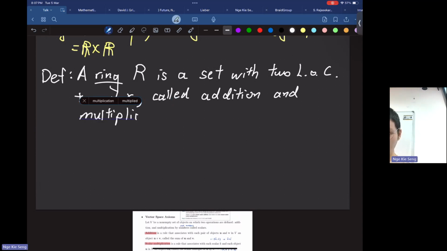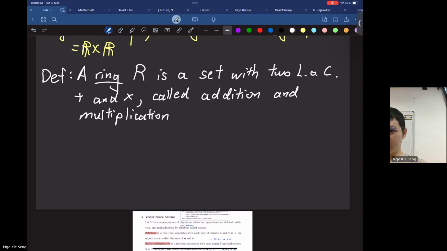First of all, you have two laws of composition. We call them addition and multiplication. That's a prototype of a ring. So when people talk about rings, you should remember the integers. Inside the integers you can add, you can multiply. So keep in your mind the example of the integers, and see whether it satisfies what I say later.